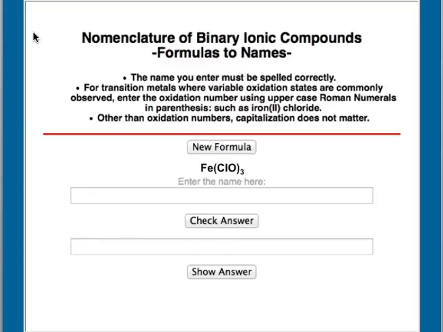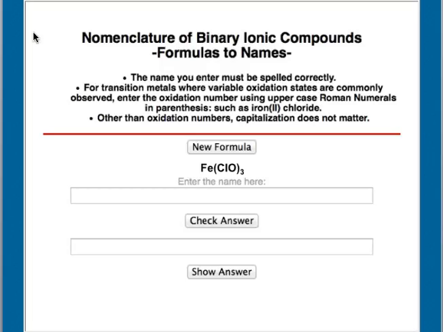One more. What is Fe(ClO)3? ClO3 is chlorate, isn't it? That's our parent. ClO2 is chlorite. And ClO is hypochlorite. And it has a -1 charge.